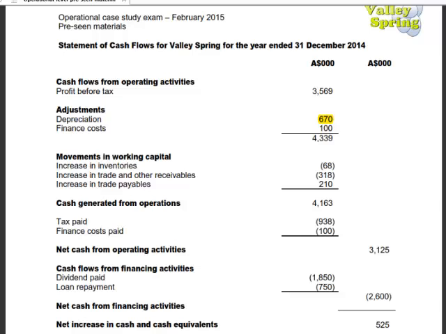So the opening balance minus the depreciation equals the closing balance. What that tells me is there's been no capital expenditure in 2014. Is that significant? We don't know, but that seems to imply that. The cash flow for almost everything else looks okay to me.